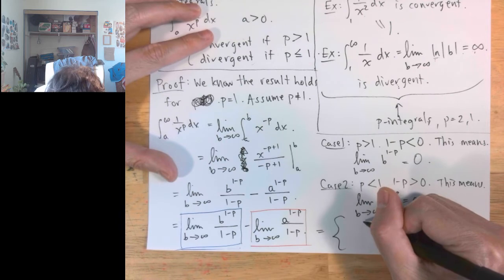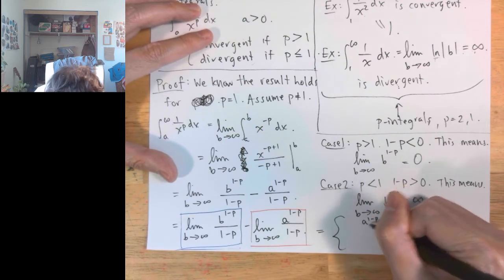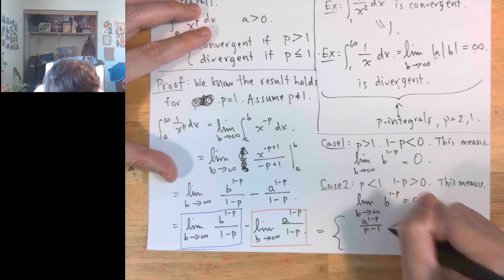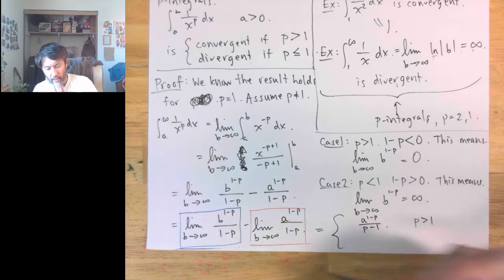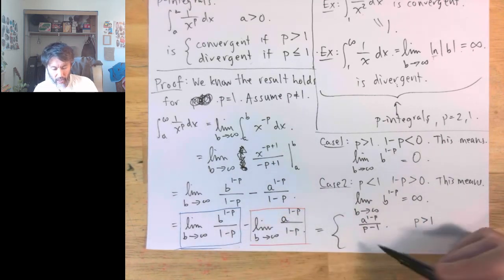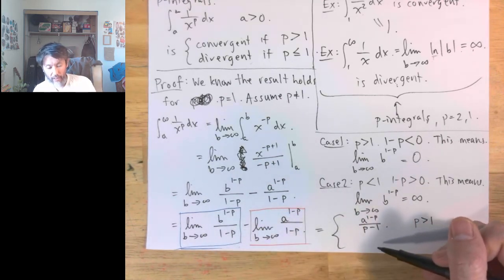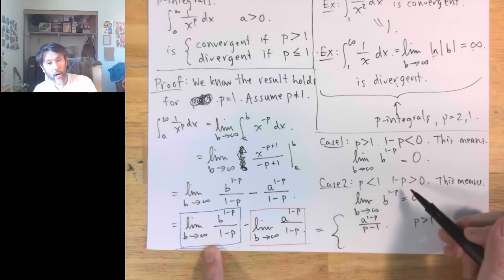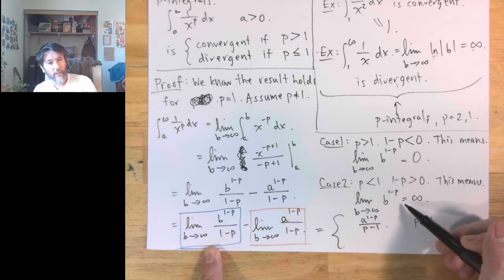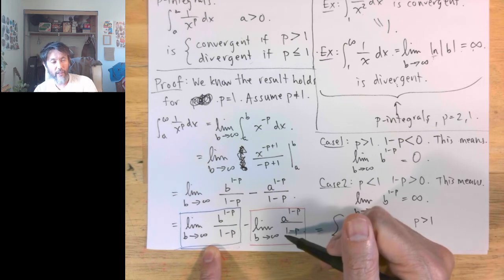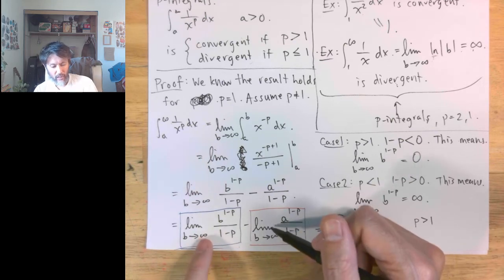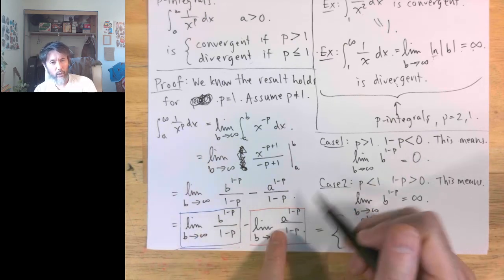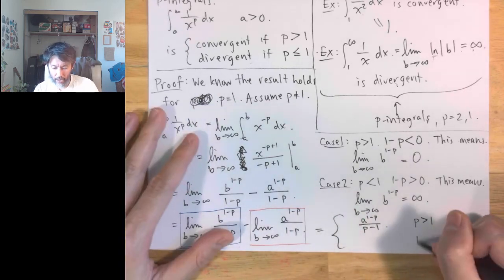So I get A to the 1 minus P power divided by P minus 1. That's what I get for the value of this limit. And downstairs, what do I have? Well, in the second case, this blue box is exploding in value, whereas this is just some dumb finite value. So this is blue minus red.